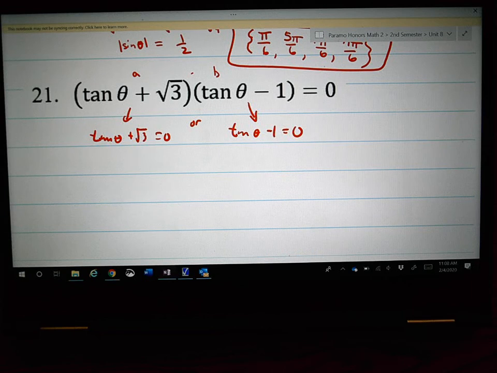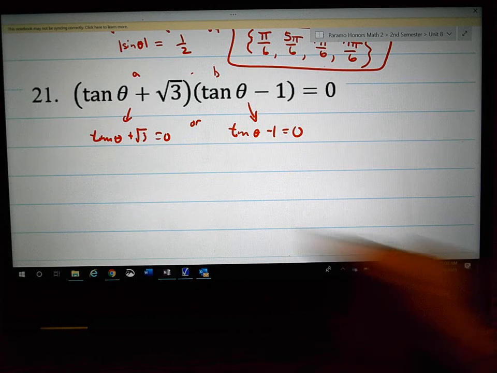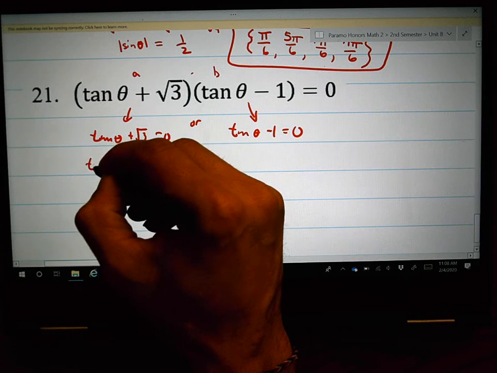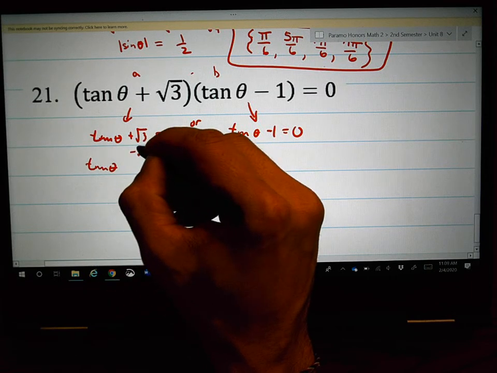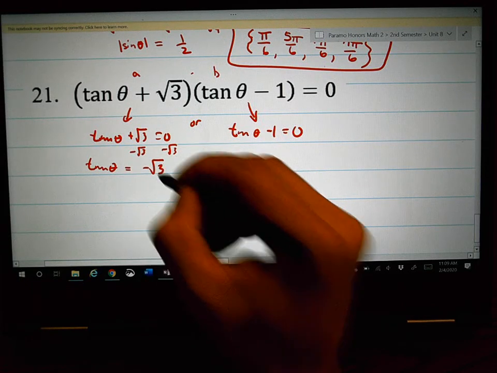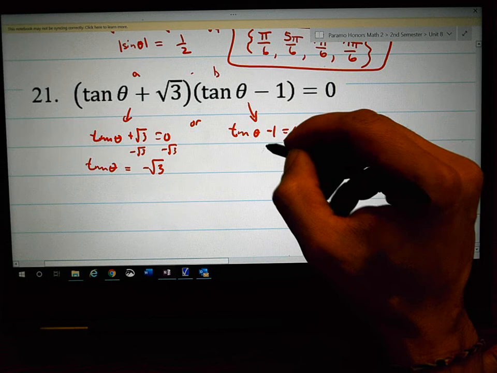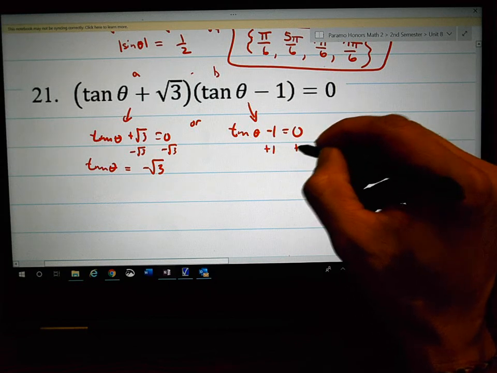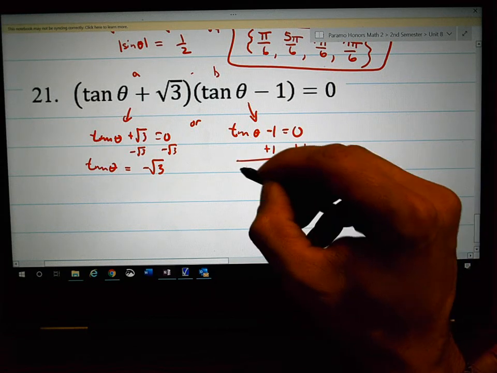If I was working this question out, I'd subtract root 3, which becomes negative root 3. If I were to add 1, the tangent of theta equals 1.